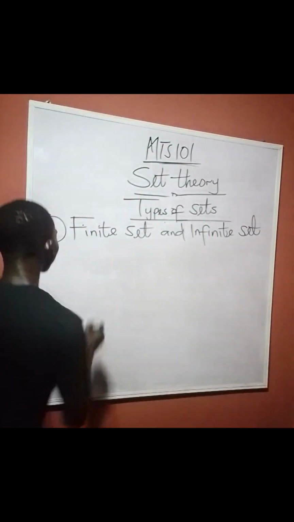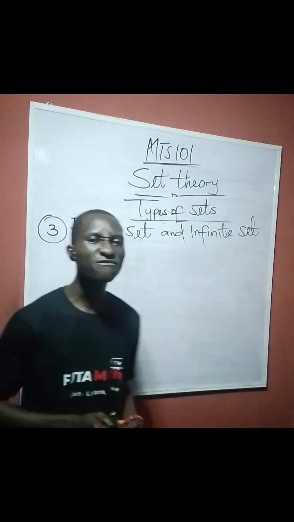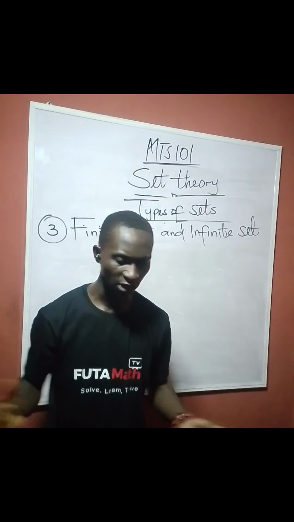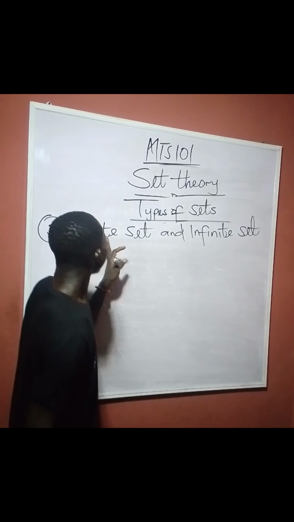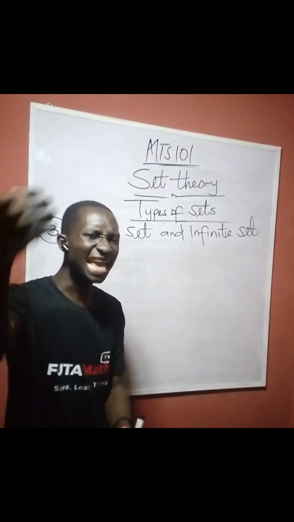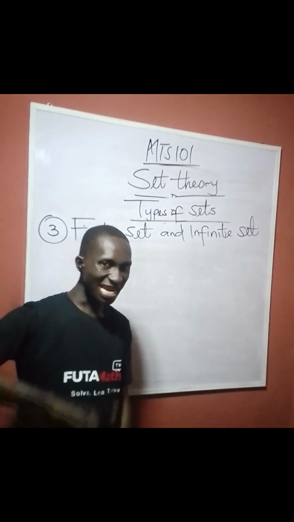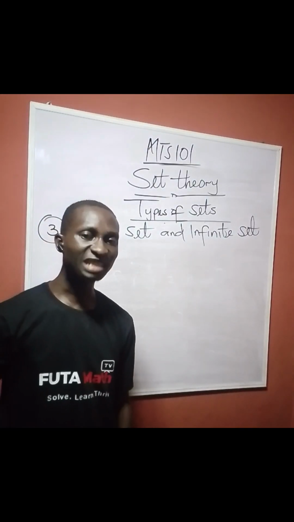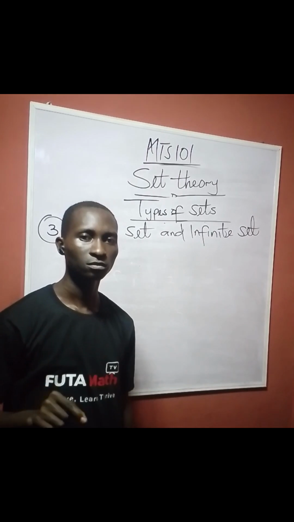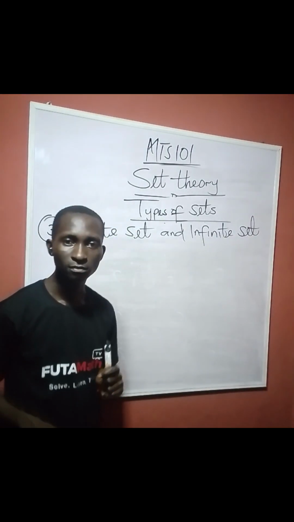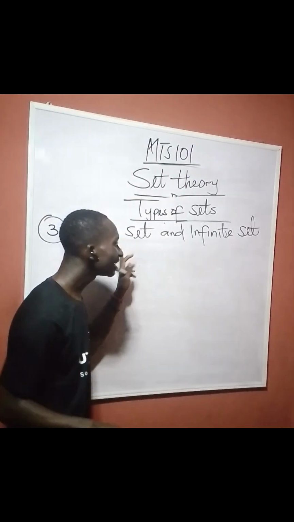Finite and what? Infinite. Now, what do we mean by a finite set? A finite set is a set in which the elements of the set are either countable or the elements terminate. That is, we know the end element of that set. That's what we call a finite set.